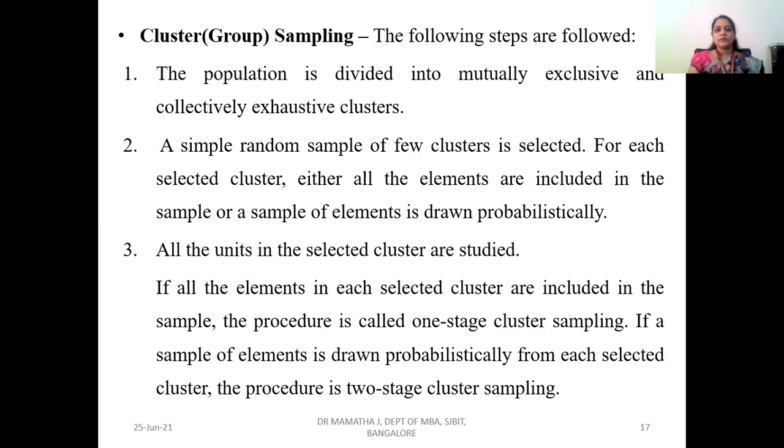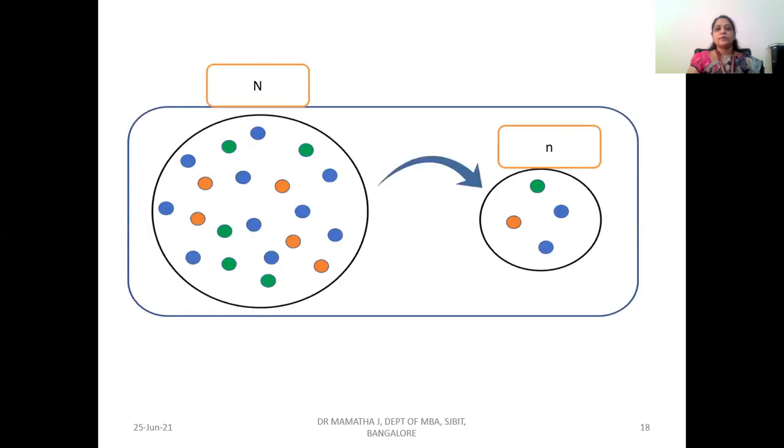But in case of cluster sampling, what happens? You have heterogeneous units inside the group. The units inside the group will be different from one another, but all the clusters will be performing the same job. Here you can see in this picture, you have a population with different elements, with different characteristics.